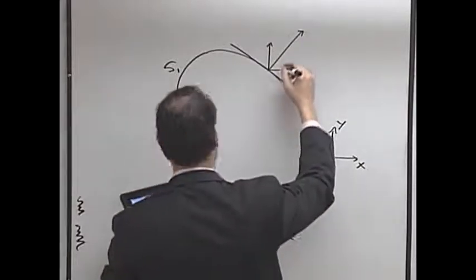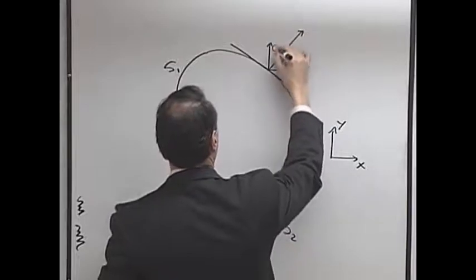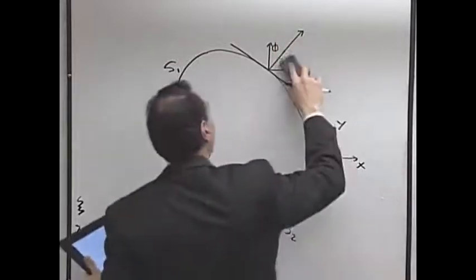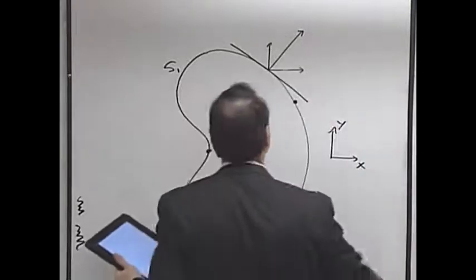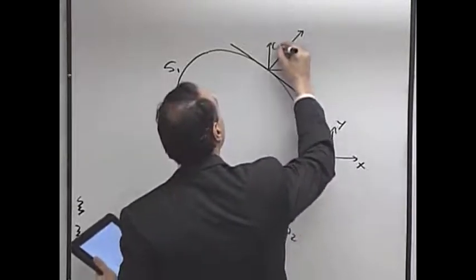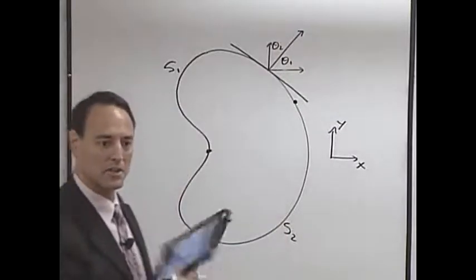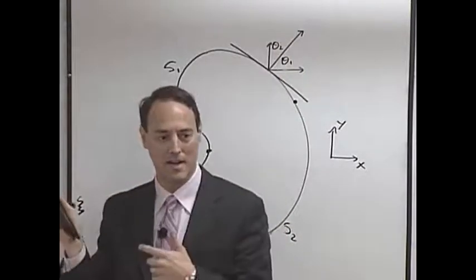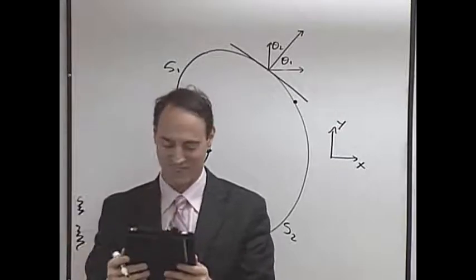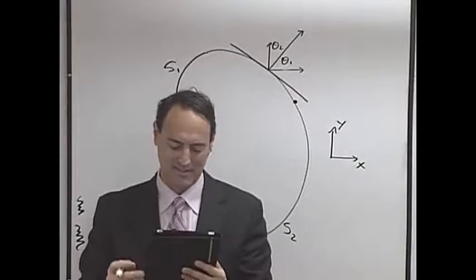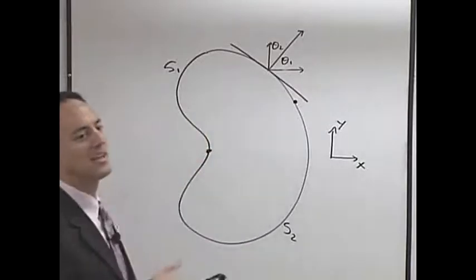I think this is theta 1, theta 2. Tell me if I'm wrong on those, by the way. It's interesting, some of the Greek characters on my PDF on my iPad don't show up. All right, but anyway, there's my kidney bean domain.